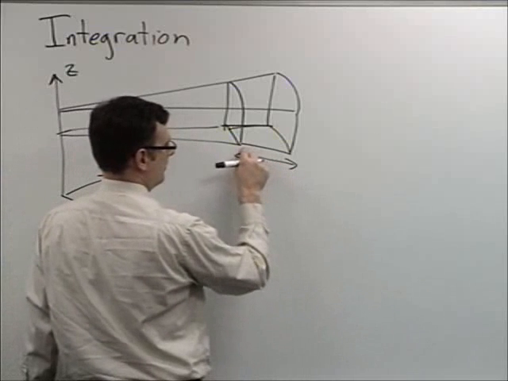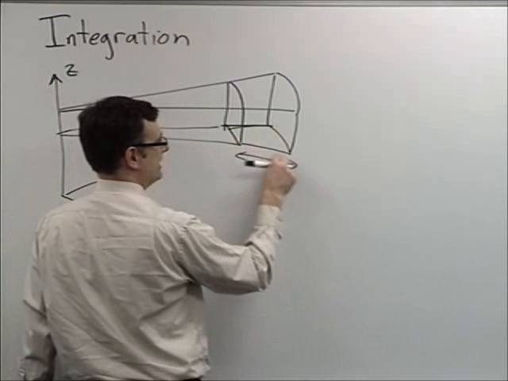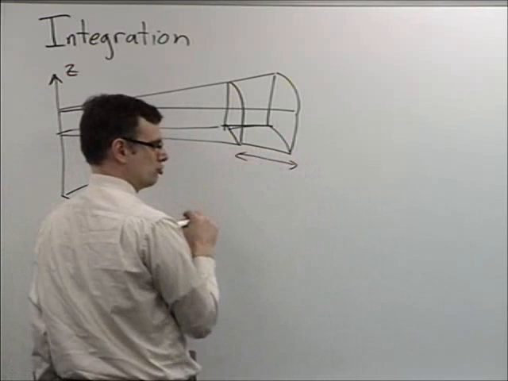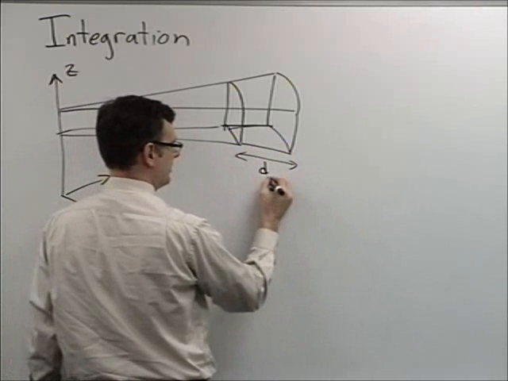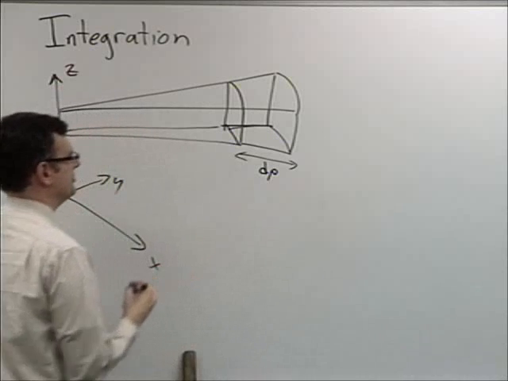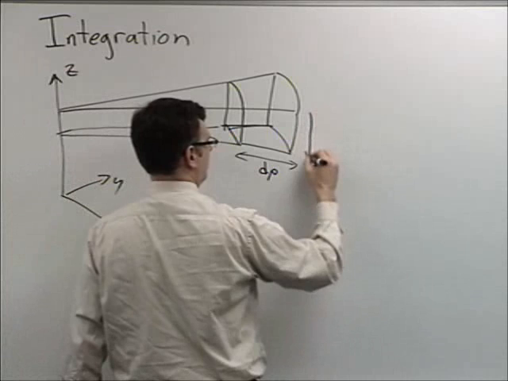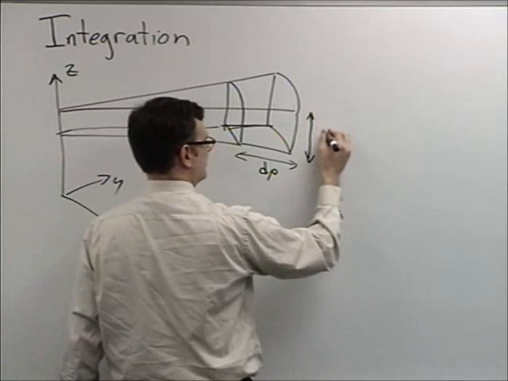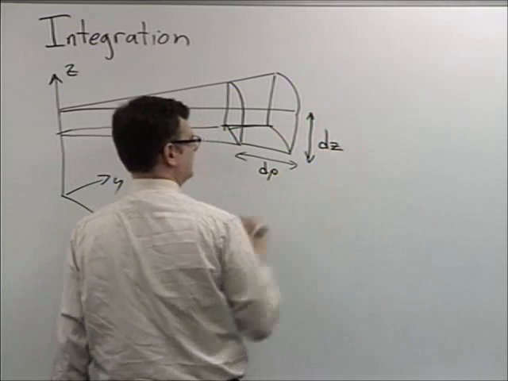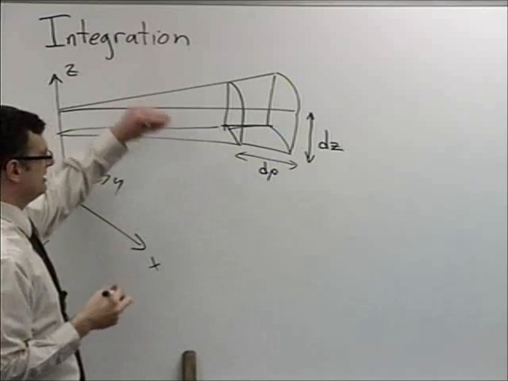So for example, if I want to slide this way, if I want to integrate along rho, I need to pick up a d rho. That edge of the prism is labeled that way. If I want to go up, this edge of the prism is labeled dz, increasing z.